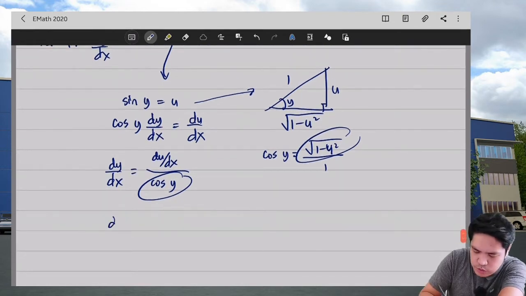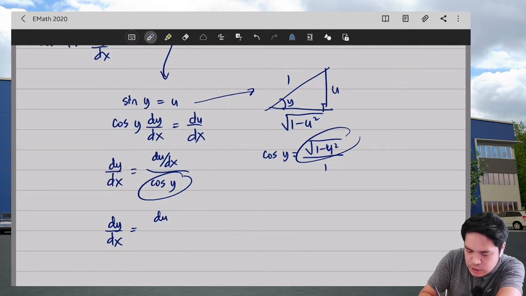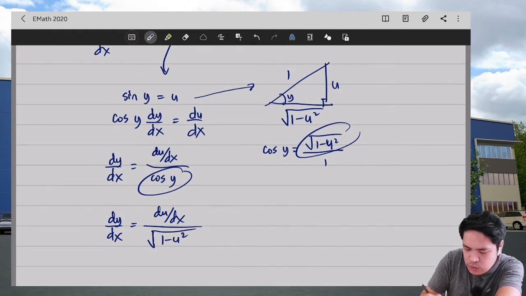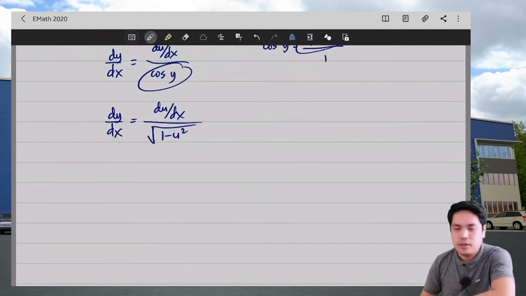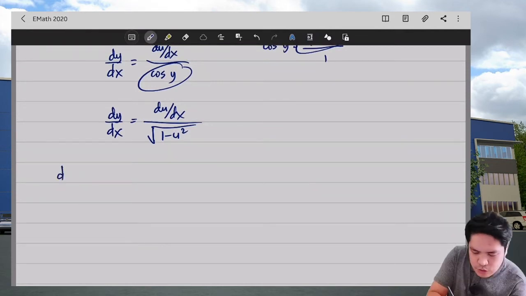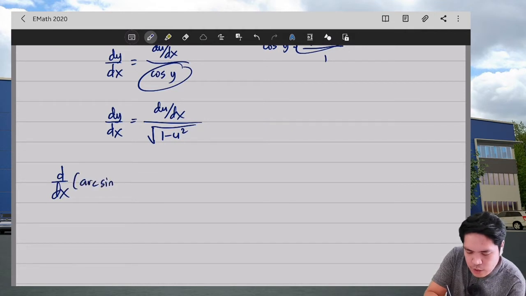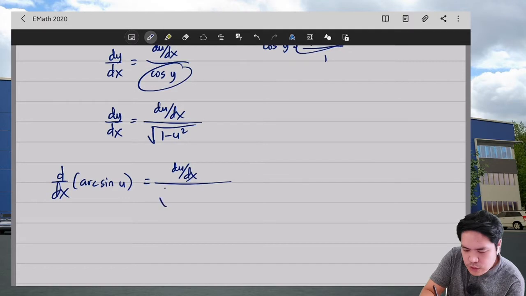So cosine y is adjacent over hypotenuse, which is the square root of 1 minus u squared. Therefore, the derivative dy over dx is du over dx over square root of 1 minus u squared. Okay? That easy. So we can now generalize that the derivative of arc sine u is just equal to du over dx over the square root of 1 minus u squared.